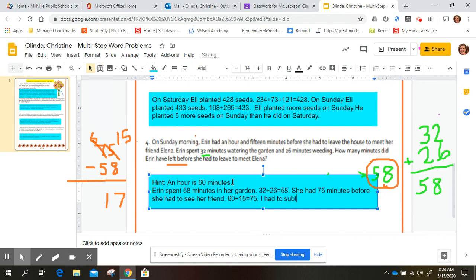I had to subtract to find how many minutes she has left. 75 minus 58 equals 17. Erin has 17 minutes left. And that should be it.